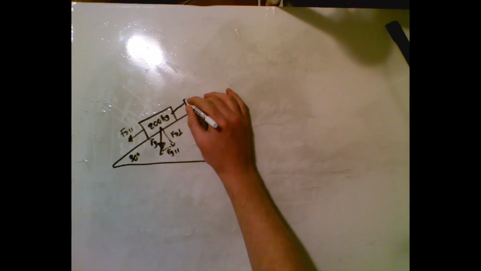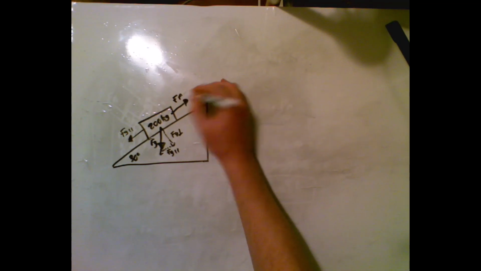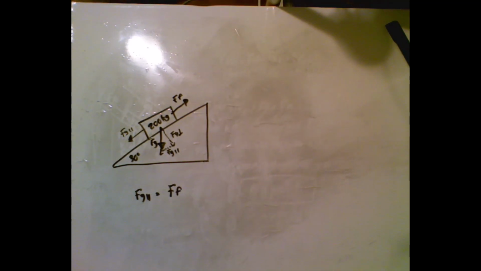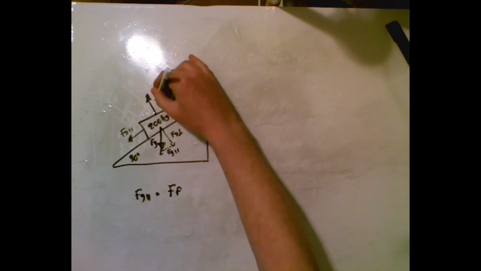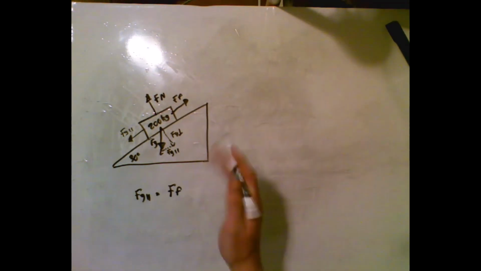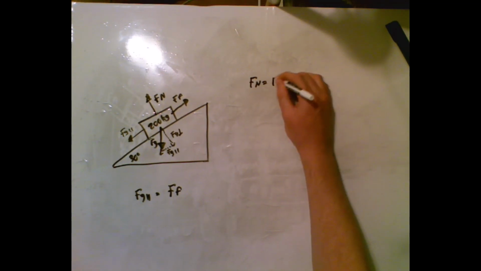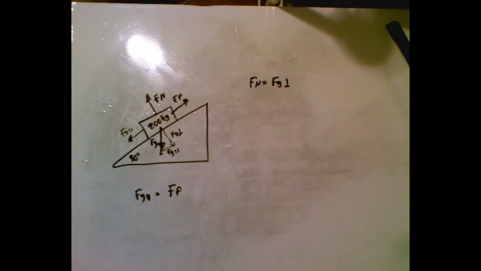So because it moves at a constant velocity, what we know is our force of gravity parallel is equal to our force of friction. Right? And then we also have force normal that's perpendicular to the surface, and as with all inclined planes, we know that our force normal is equal to our force of gravity perpendicular.